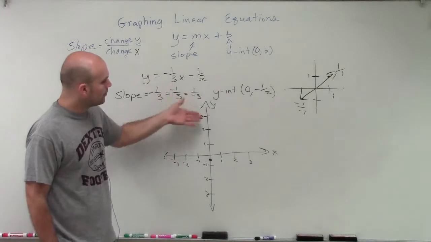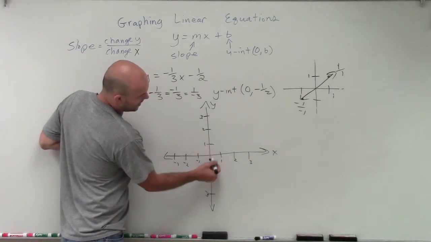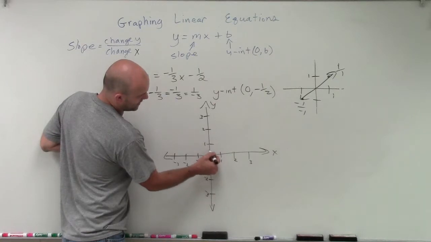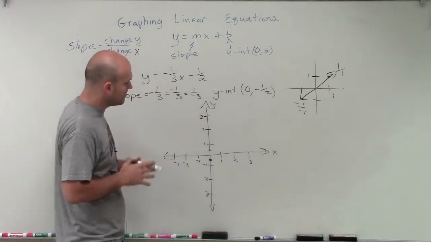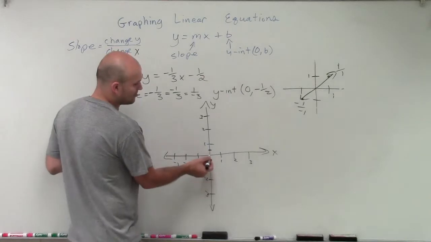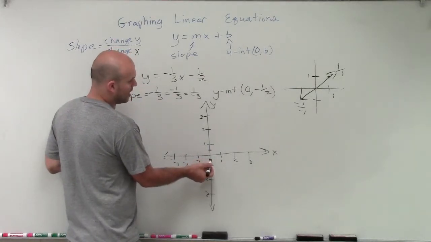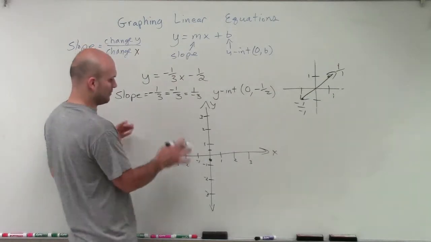Then it tells me to go up 1/3. Well, think about it. If I went up one whole unit, that would be roughly halfway between 0 and 1. But I'm not going up a whole unit, I'm only going up 1/3 of a unit. Never mind, I don't need to go up 1/3.